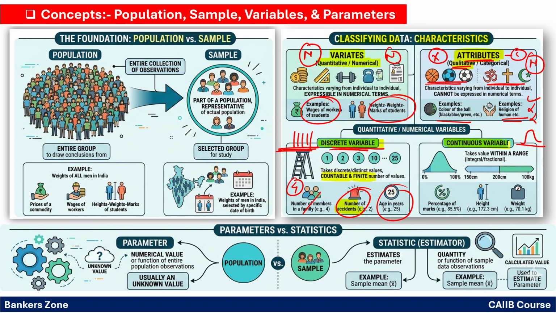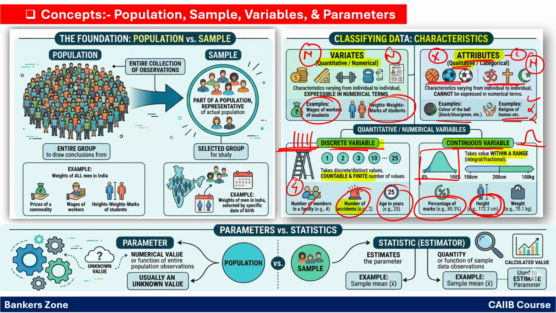However, continuous gives you a fractional number, or there will be a range. For example, if I ask what is your height, you can say 172.3, you can say 174.15. That means there can be fractional values, so it is called a continuous value, and it will always fall within some range. How many percentage of marks have you obtained? It can be 85.67, it can be 85.1.